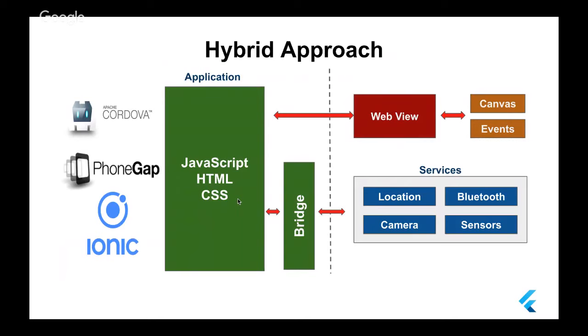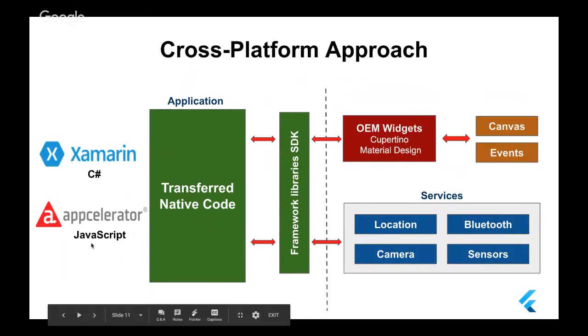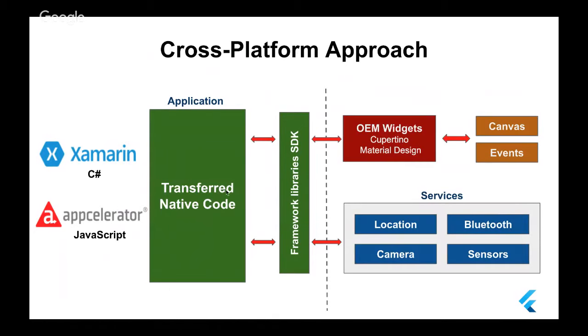So one of the companies came with a new IDE that was Titanium Accelerator, and I was using this tool in 2010 for building iOS applications at that time. They said that we will allow you to use JavaScript, the same language that you know, and it's a very easy language to understand. And we will transfer this JavaScript code to native code.